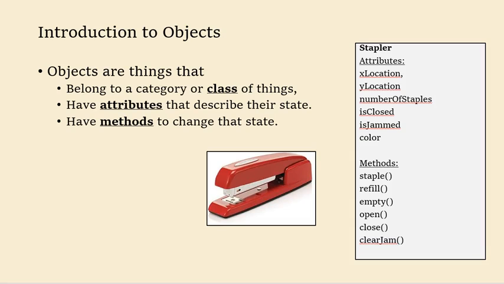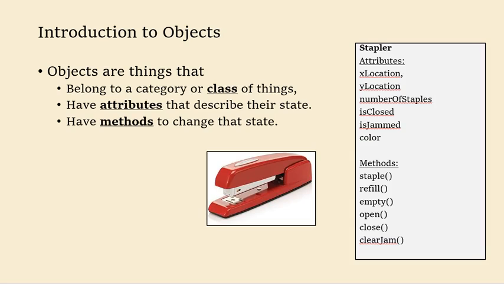In terms of object-oriented software, the way we think of it is we say, okay, basically objects are things that belong to a category or a class. They have state, and we have attributes that describe their state. So here my attributes, more or less randomly selected: X location, Y location.